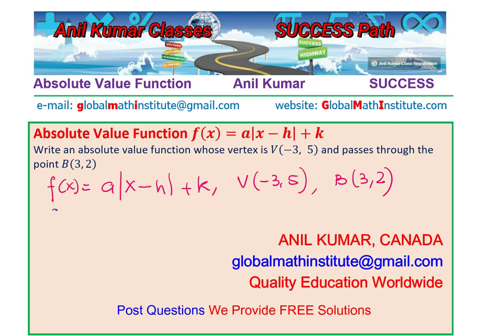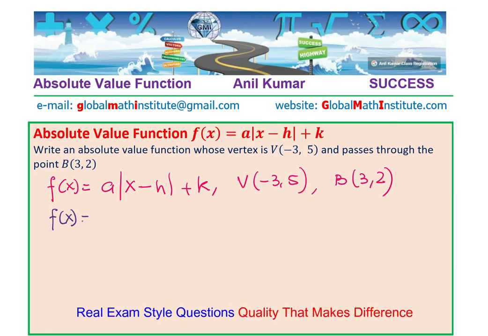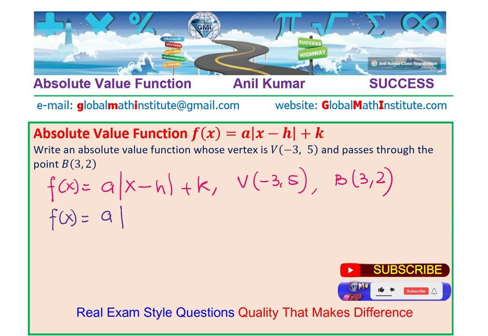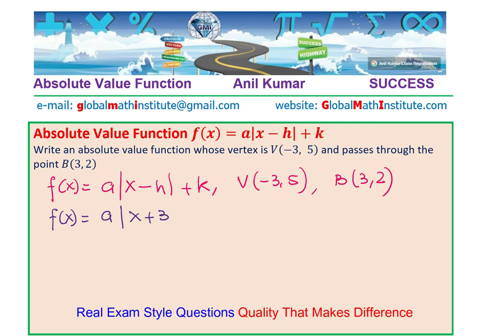So, as we did earlier, we are going to substitute the vertex first. You could substitute both x and y also. But the idea here is to first put the vertex. Suppose you make some calculation mistake, because of your method, you're going to get good marks, right? That's the whole idea. So we get absolute value of x plus 3, plus 5.